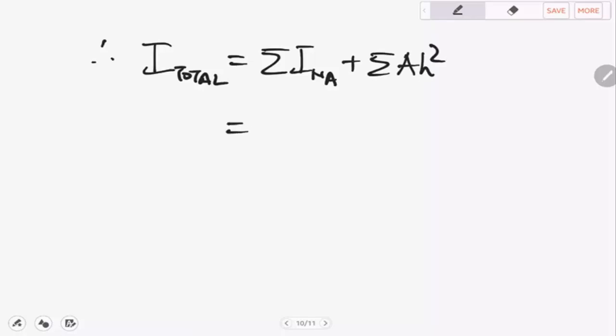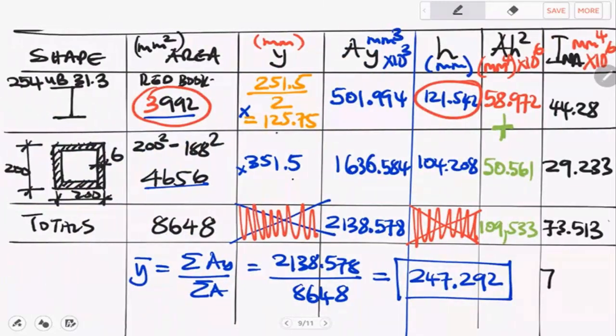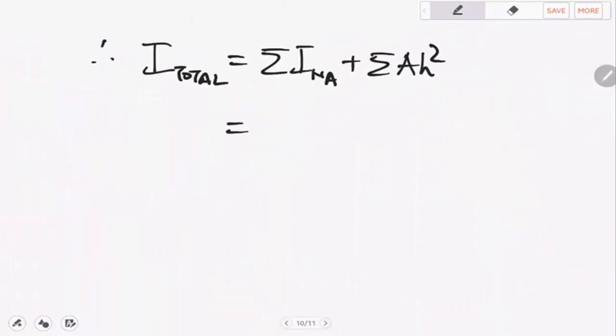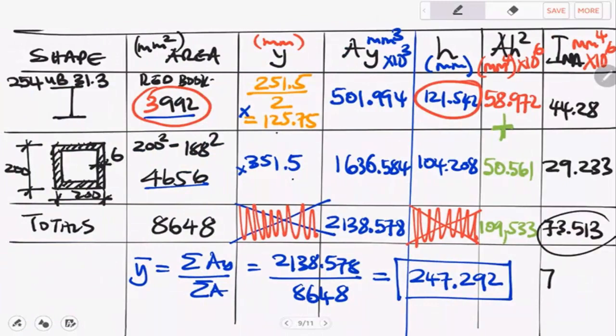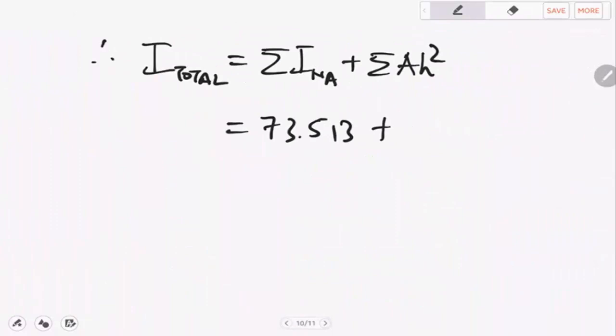So I neutral axis is that value, 73.513, plus A h squared, which is 109.533. What answer do we get?